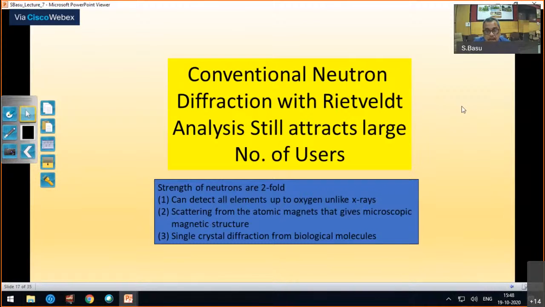Otherwise, mostly you will be doing powder diffraction, and Rietveld analysis is powder diffraction structure determination in terms of refinement. Refinement means we have a given structure, and you modify it to fit the data that you get from your sample.